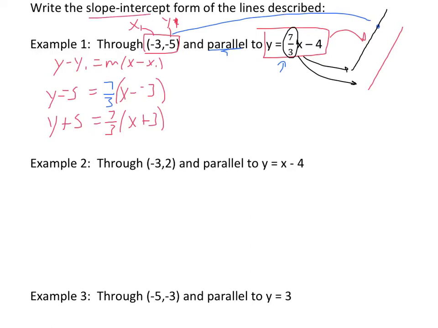We want slope-intercept form, so we would solve for y. And as we did before, we would distribute the slope and get y plus 5 equals 7/3 x plus, remember it's 3 over 1. So numerator times numerator is 21.